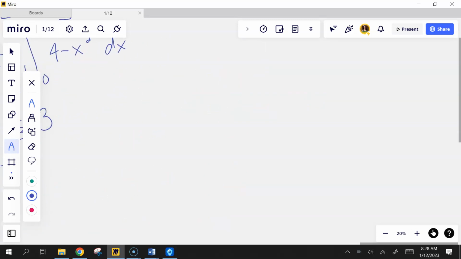Now let me show you. Y'all want to do one more? Let's do one we have to do by hand. I like 16. 16 is no calculator.